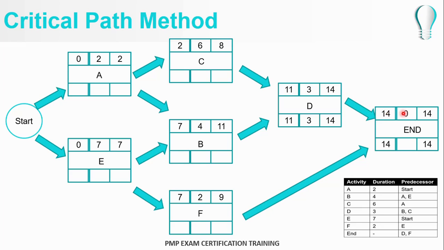Day number 14 is a zero milestone, and the earliest finish time will be day number 14. So on the reverse back calculation, for activity D, the latest finish time will be day number 14. 3 days to complete for it. Calculating backwards, the latest start time will be day number 11.